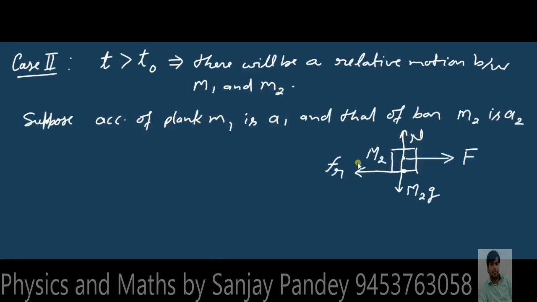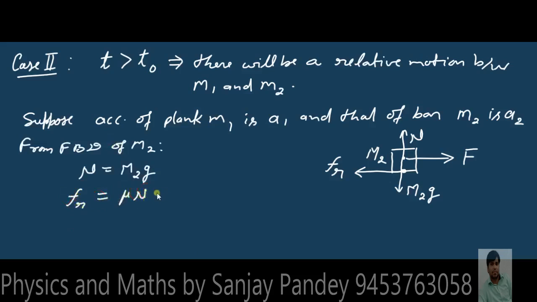Now from this FBD of bar m2 we can write normal reaction N = m2g, force of friction Fr = mu N, it will be equal to mu m2g, and equation of motion of this bar is F minus this force Fr is equal to m2 a2.